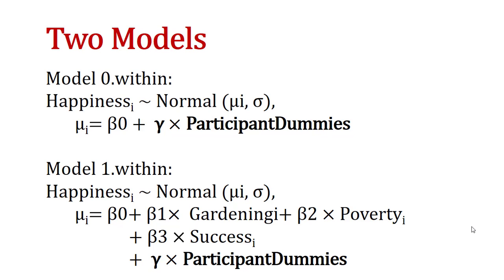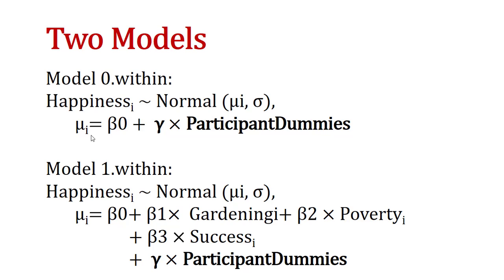Okay, so I use this model. In model 0 we would estimate parameter beta 0 and all the gammas, and model 1 will estimate beta 0, beta 1, beta 2, beta 3 and all the gammas. And then after the estimation we get mu's for all the 800 observations, which are the predictions of the models, and then we compare that with the actual values.